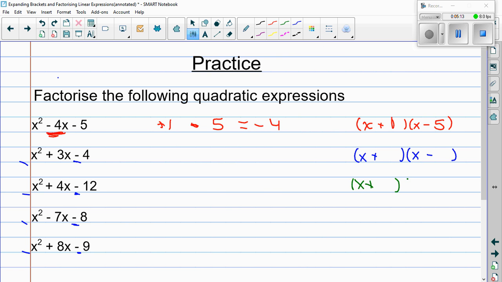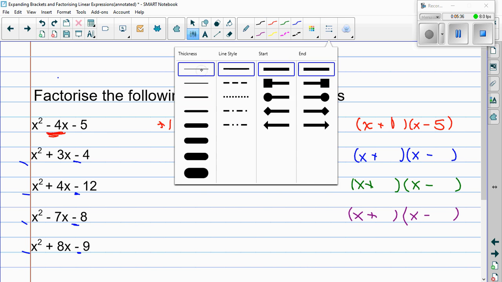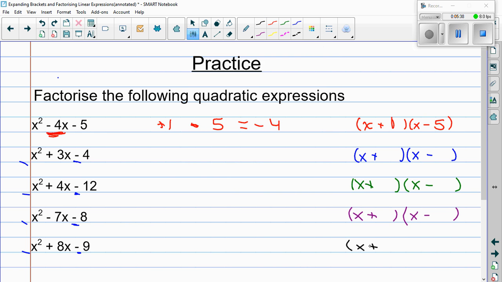So, we have an x plus and an x minus with all of these because that second sign is negative. There's only one way that two numbers can multiply to get a negative, and that's if one is positive and one is negative.